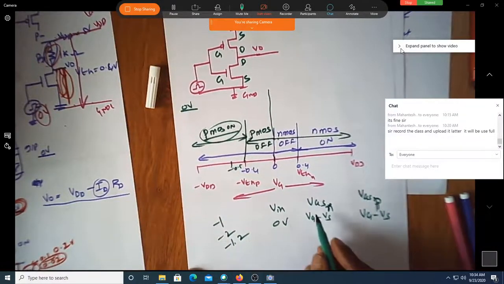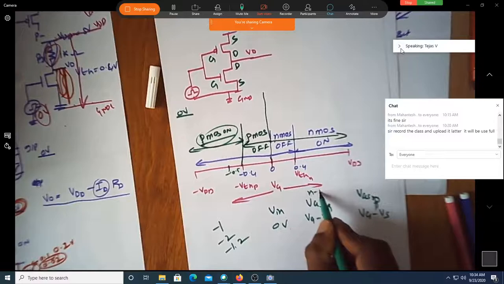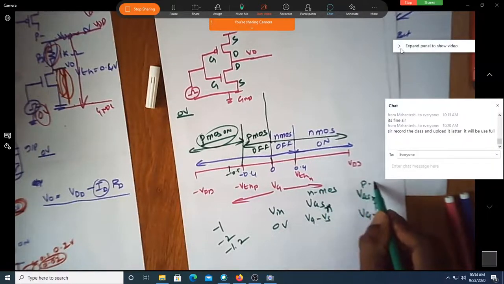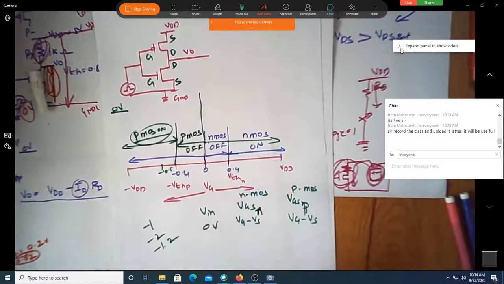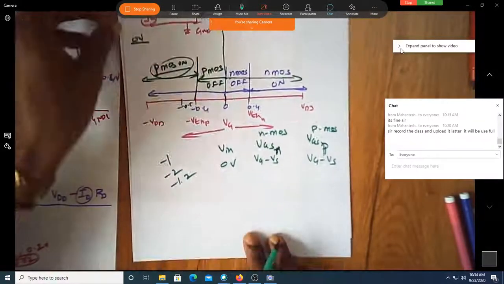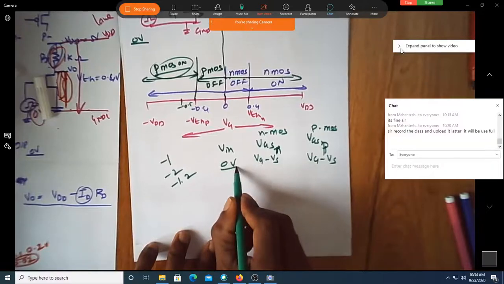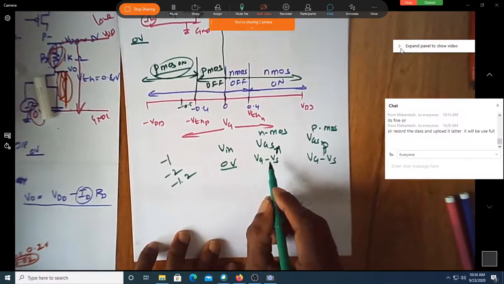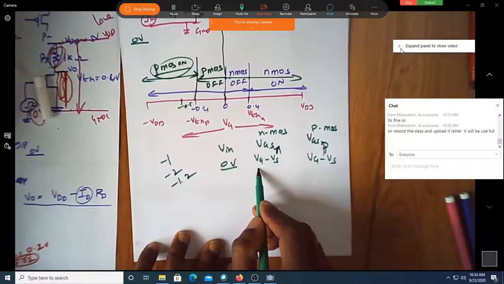Yes, sir. This is NMOS, this is PMOS. When the input voltage is 0, what is VG for NMOS?